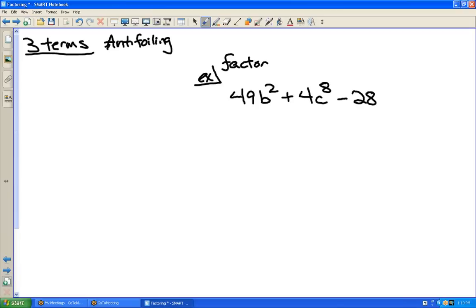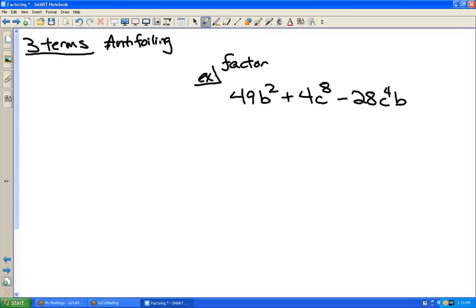Minus 28. T's and C's. Really don't like them, but I was having them look out.